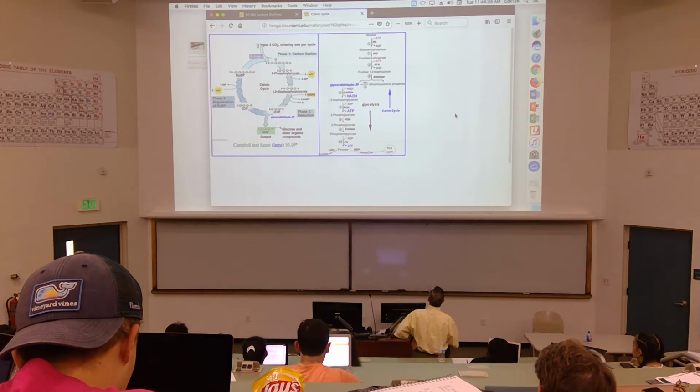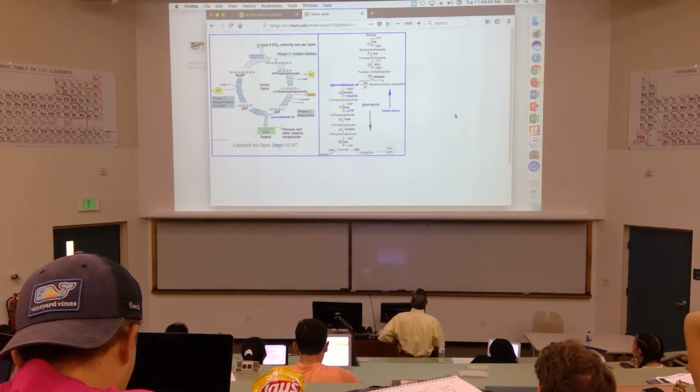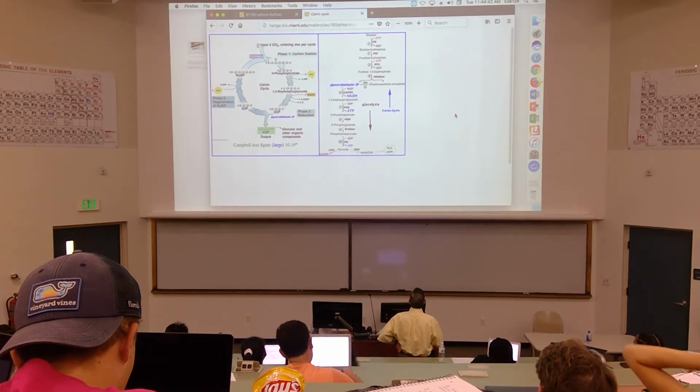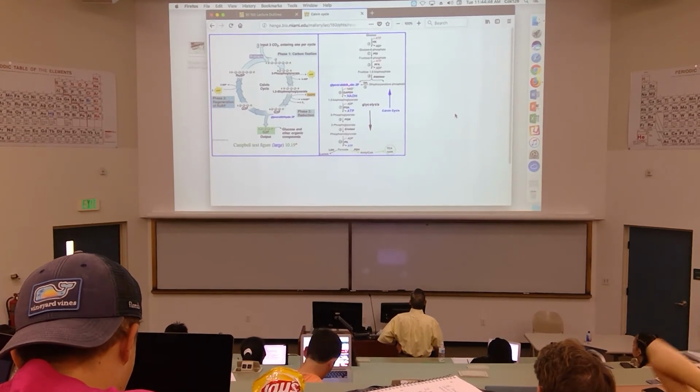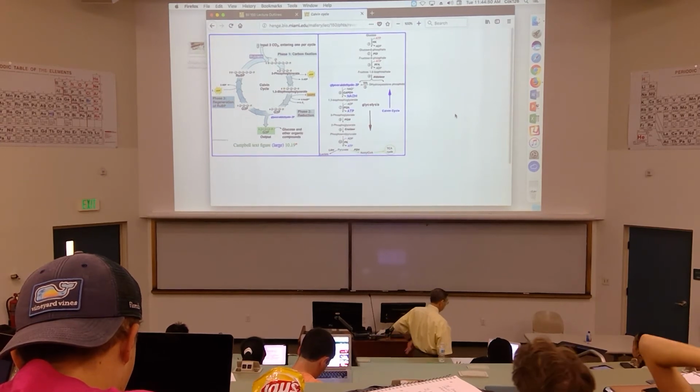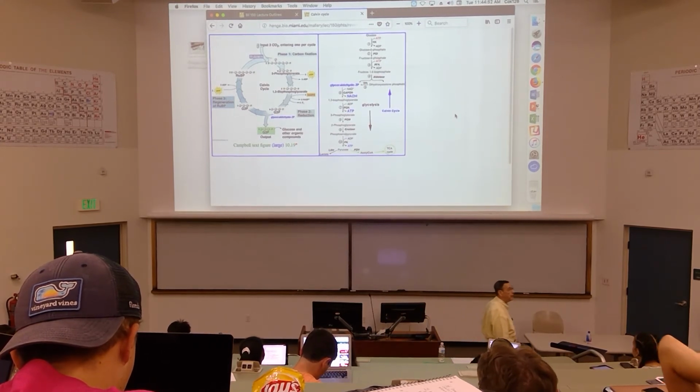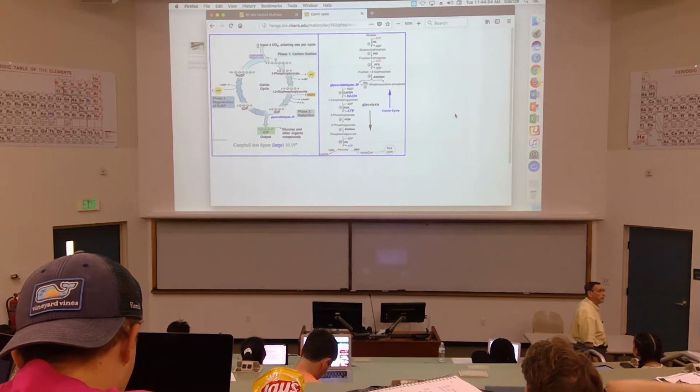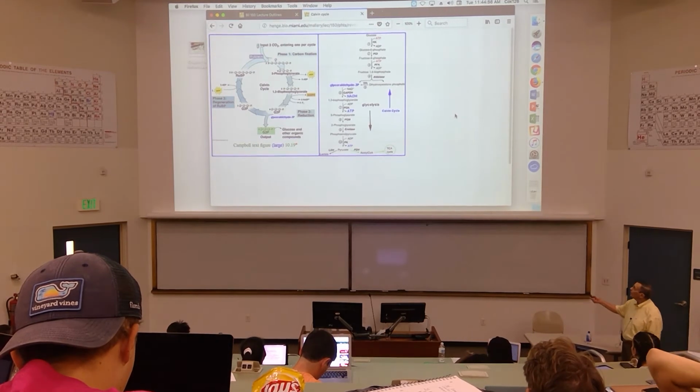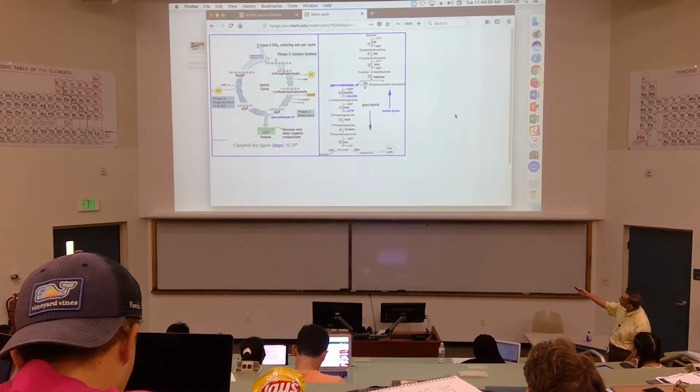What's this over here? Glucose, glucose 6-phosphate, fructose, fructose 1,6-bisphosphate, glyceraldehyde 3-phosphate. The redox step of glycolysis, substrate-level phosphorylation. If you look at the analogy of those, they're the same. Here we're running from glyceraldehyde to 3-phosphoglycerate.